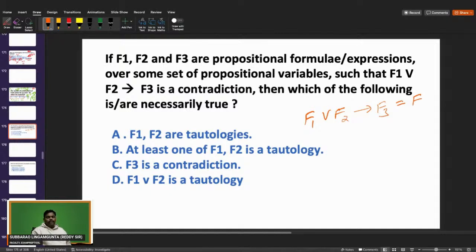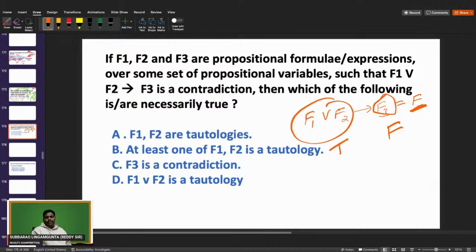How? Remember, F1, F2, F3 are propositional formulas, they are not variables. So if you want to make this a contradiction, the only possibility is a true-false combination: left side true, right side false.